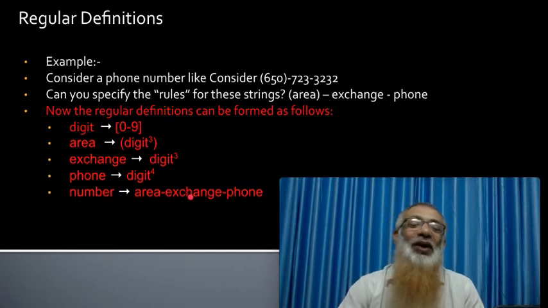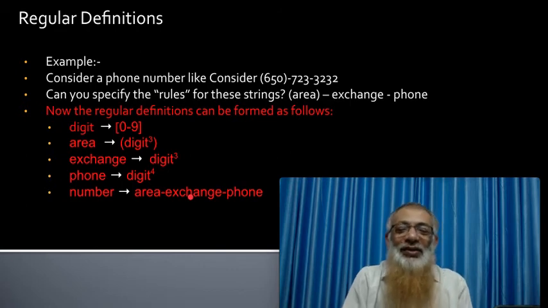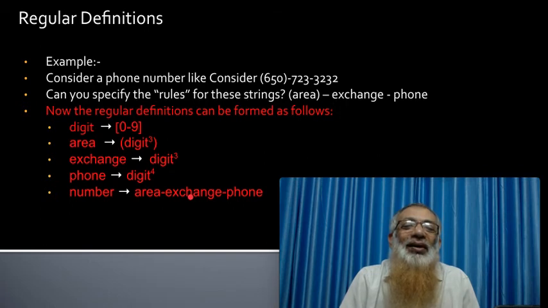So this is how a regular definition is useful in creating complete expressions for a cause. It can be an identifier, it can be a telephone number, anything for which a pattern should be created.